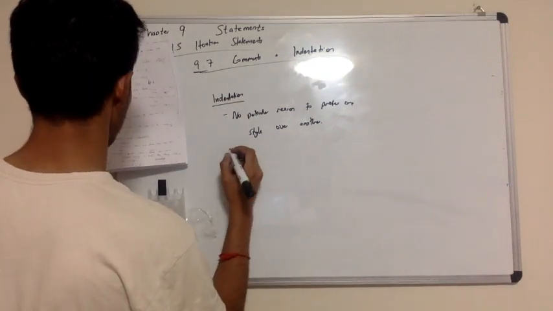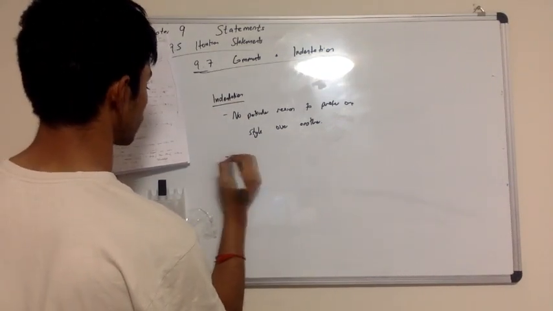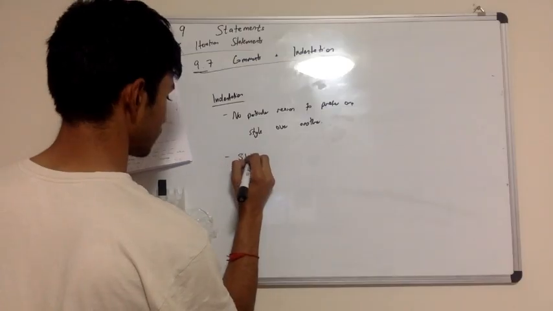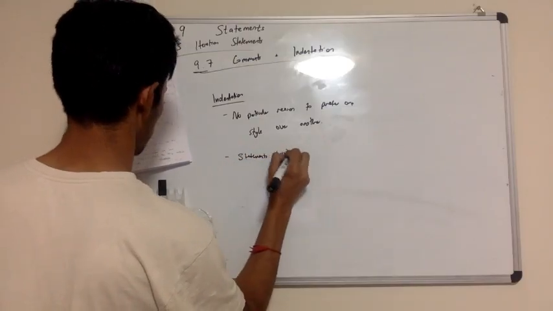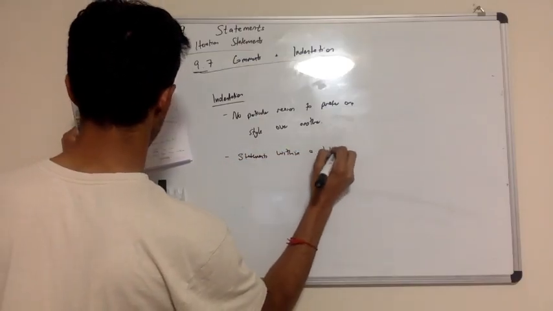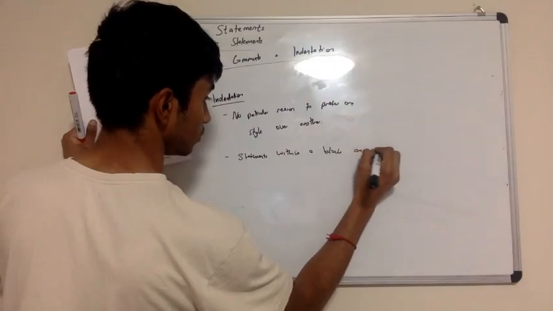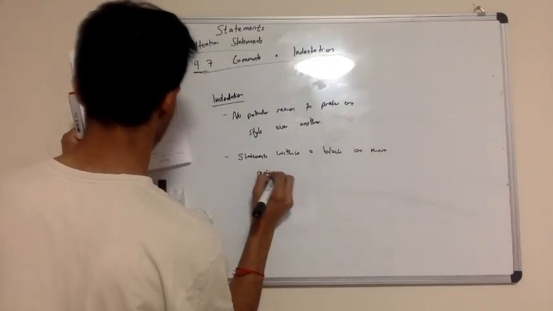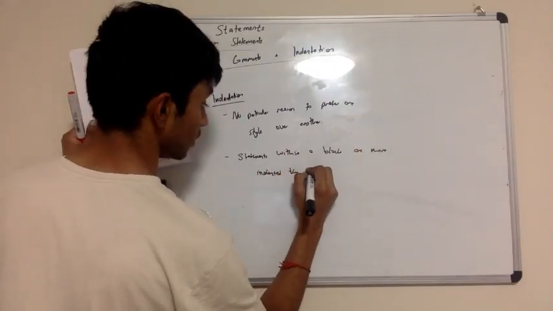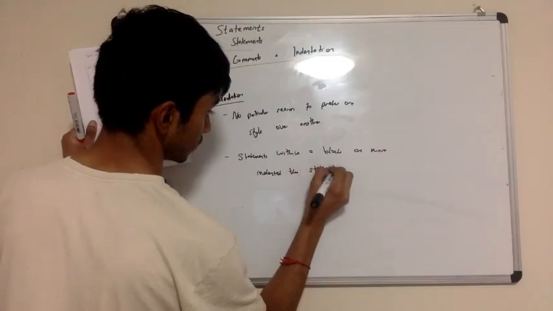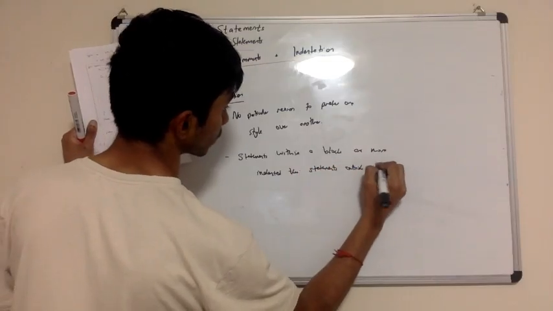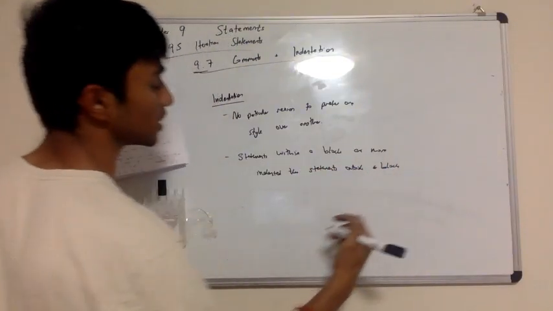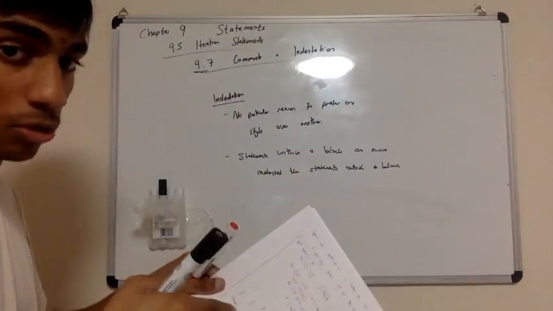The only general statement, the only real rule that is typically followed, is that statements within a block are more indented than statements outside a block. Typically, this is just a way of showing what's in a more inner scope and what's in a more outer scope.